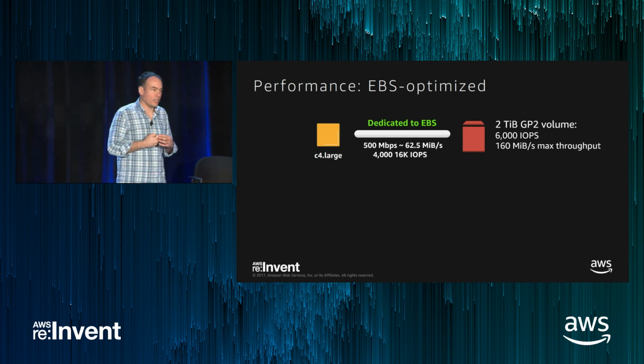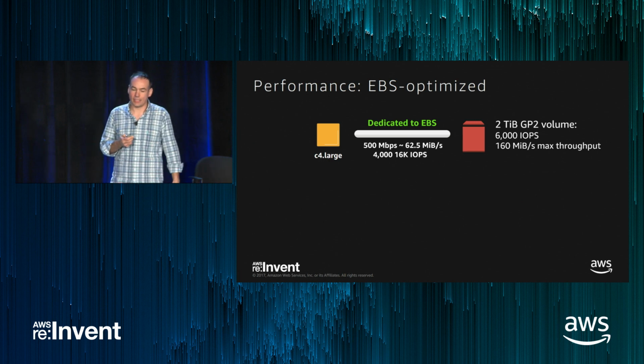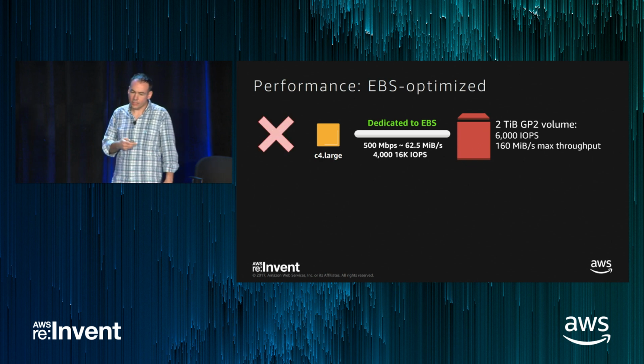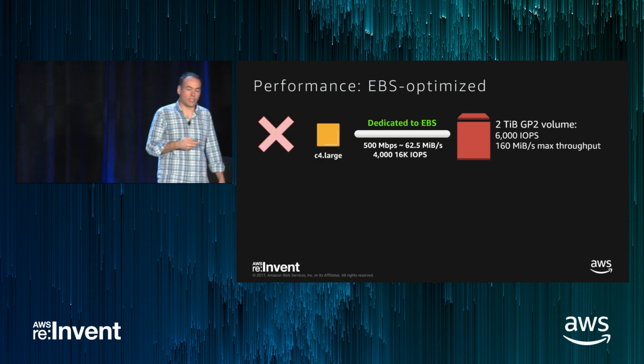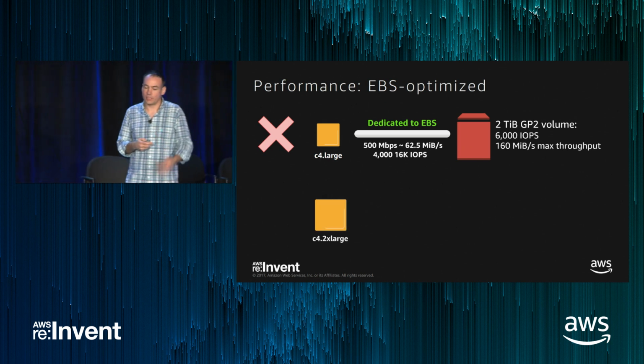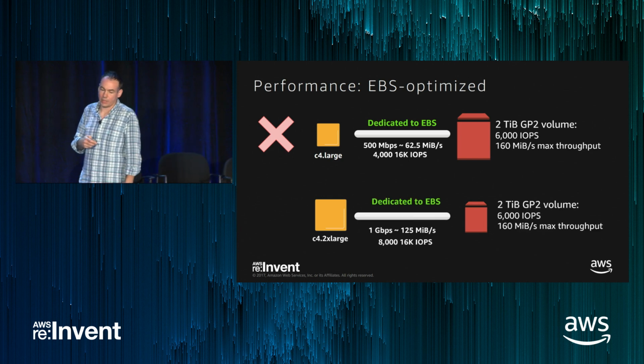If we look at the EBS-optimized throughput that's available on a C4 large, you do the math at 500 megabits per second, it comes out to roughly 4,016K IOPS. And so you're not going to be able to get the full volume performance out of that volume. So if you need the 6,000 IOPS that 2 terabyte volume delivers, you probably want to go to a larger instance, say a C4 2xlarge, which has double the bandwidth available to EBS.